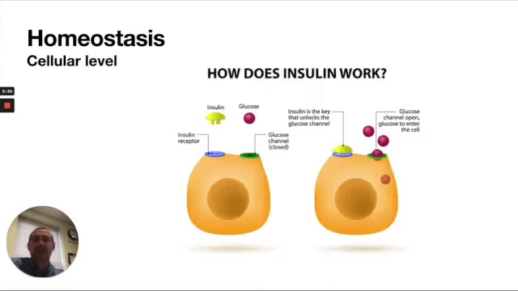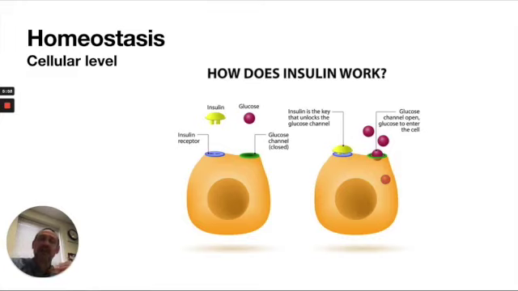The way insulin works is insulin will target a receptor on the surface of the cell that opens a protein channel, which allows glucose to diffuse into the cell. So a diabetic is going to take an insulin injection. That's going to open those glucose channels, allowing that sugar to diffuse into the cell. So this is homeostasis at a cellular level.